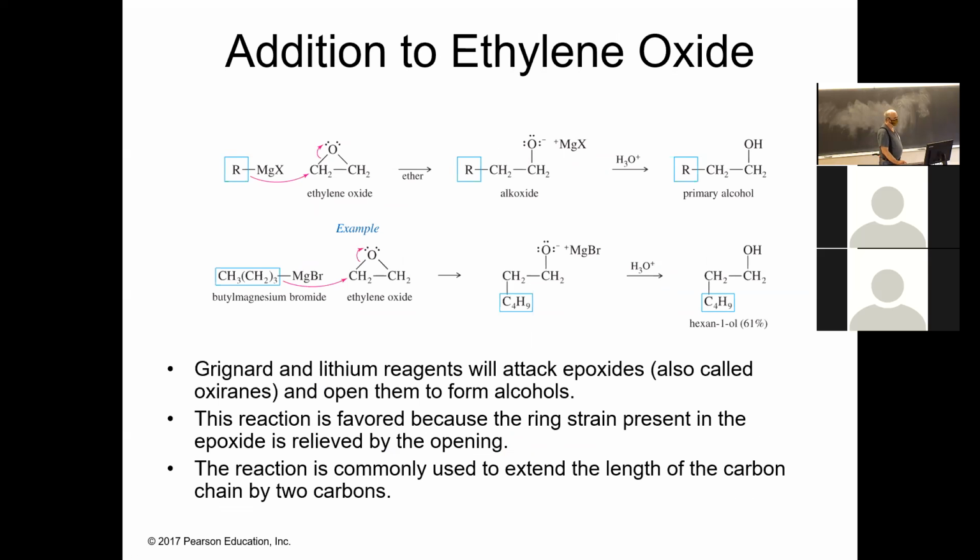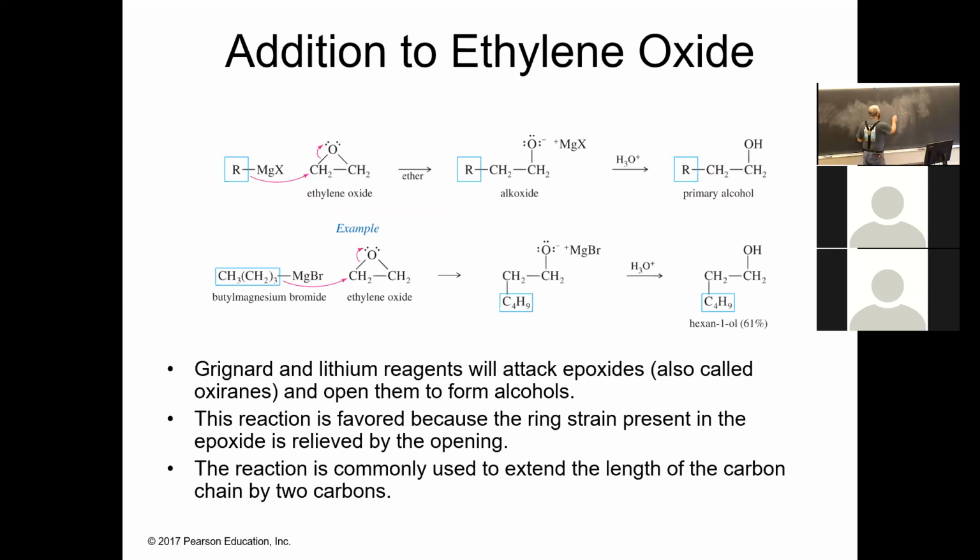If we have ethylene oxide, we can add a Grignard. That opens up the ring, and we get a primary alcohol 2 carbons longer than what we started with. If we have a substituted ethylene oxide, something like this, the Grignard is a strong nucleophile.